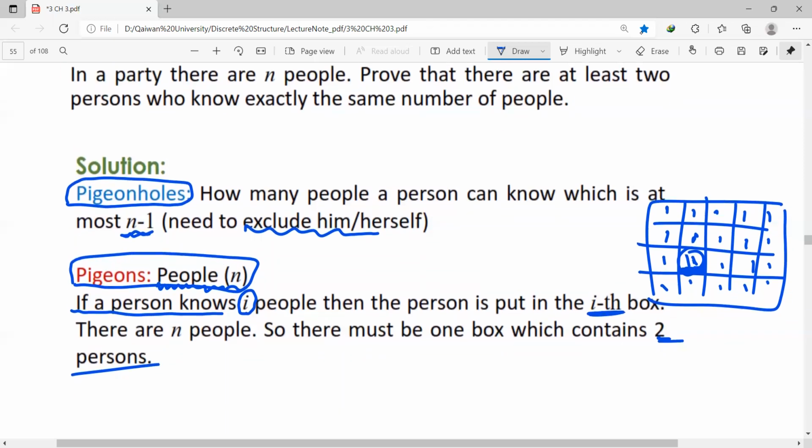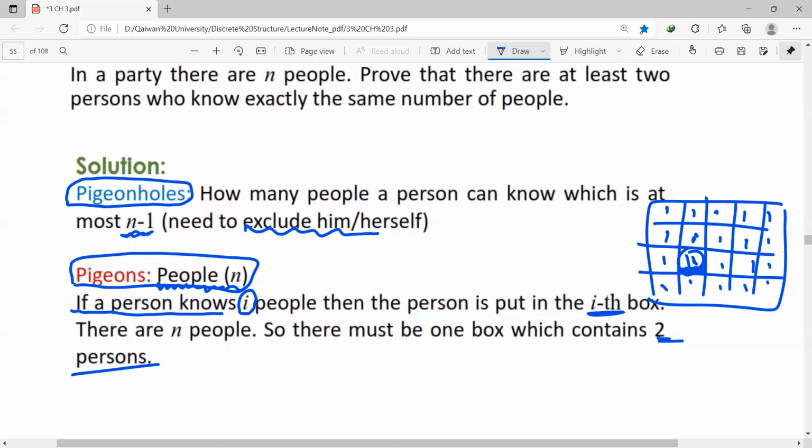Look here, it's just imagining pigeons and pigeonholes. Here we have pigeonholes as the number of people known by any of them, and pigeons are the number of people.